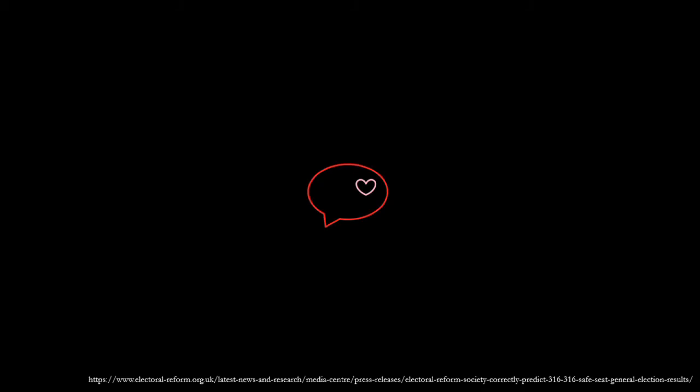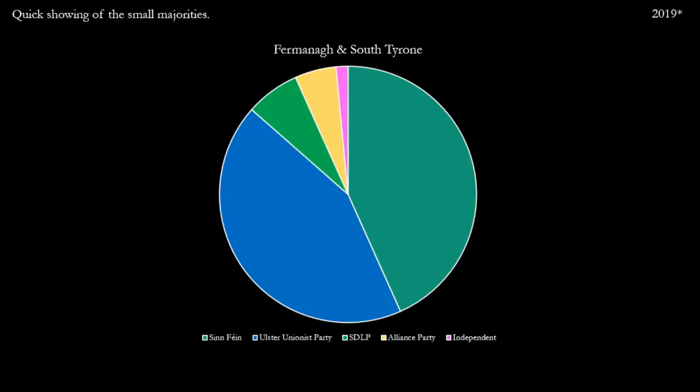So as I've only really shown you one real life example of a constituency, I thought I'd throw you another, just a quick one. This one's with a really small majority. The previous one I showed you had a massive majority, 74% is ridiculous. This is Fermanagh and South Tyrone. These are the votes.